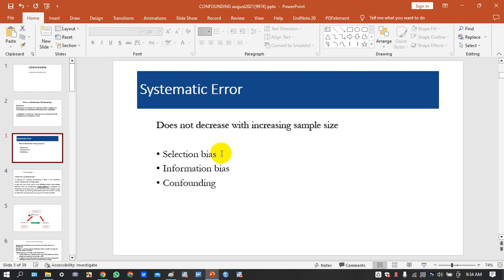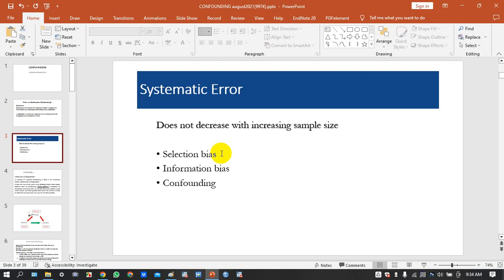But in case you have a confounder, even if you increase the sample size, your results are not valid because the confounder is bringing confusion.